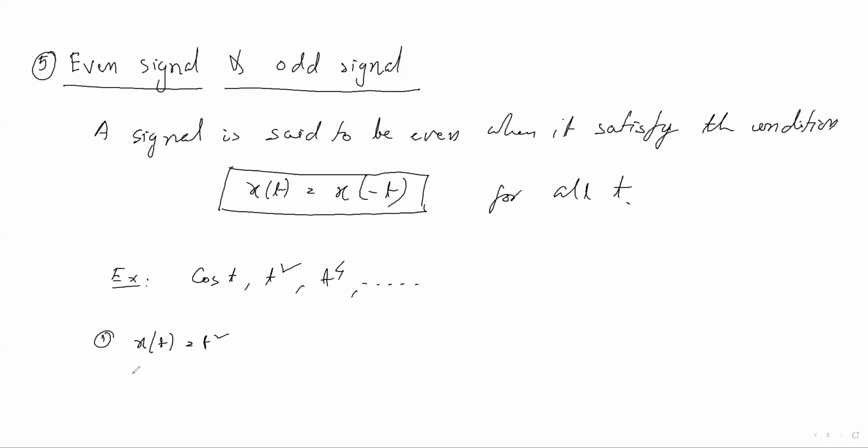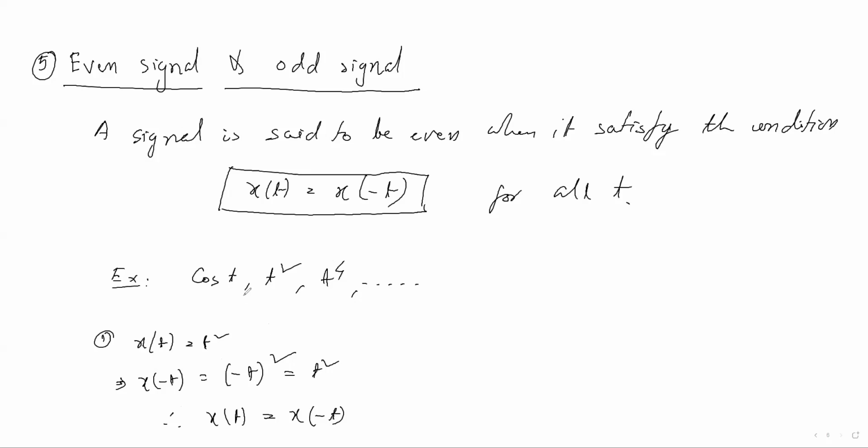What will be the value for x of minus t? When we give minus t, we put minus t here also, squared. The value will be t square only. So from these two equations, we can say that x of t equals x of minus t. That's why x of t equal to t square or t to the power 4 are all even signals. The even powers are called even signals.